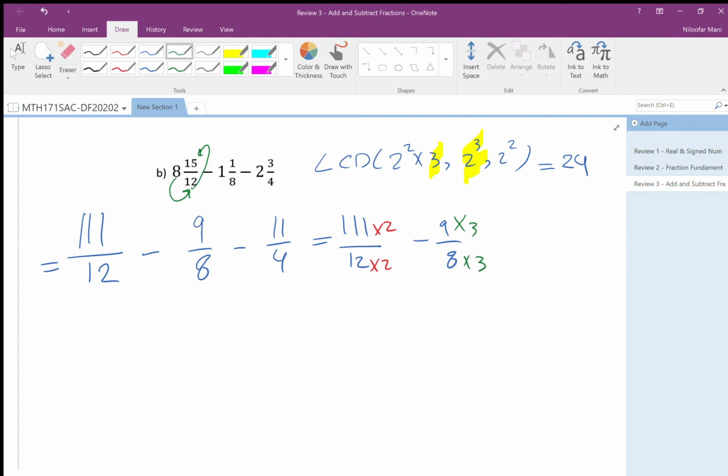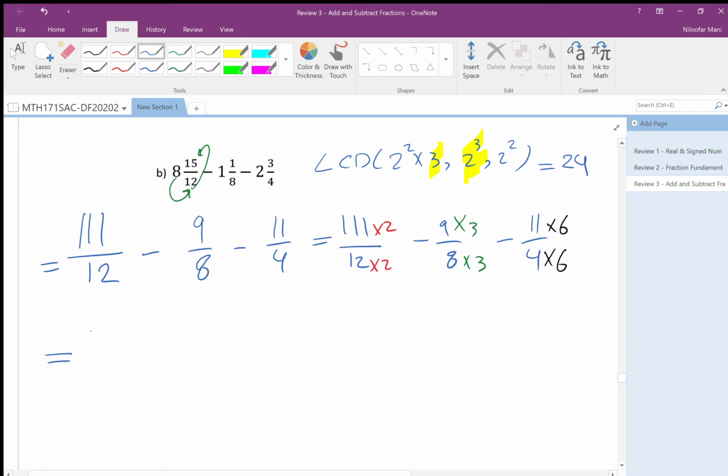Then I find the least common denominator. And then I change each fraction to an equivalent fraction. So for the first one, I multiply with 2. For the second one, I multiply by 3. And for this one, I multiply by 6.